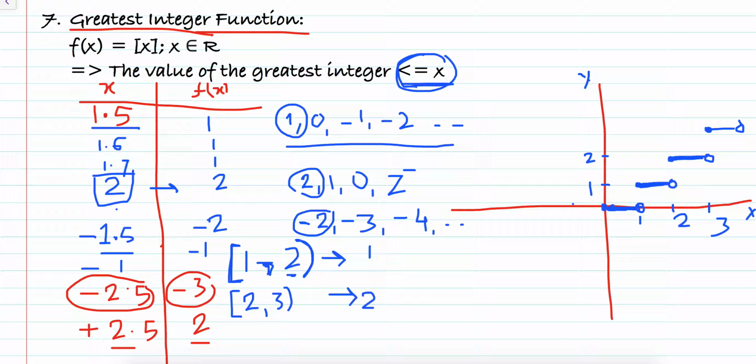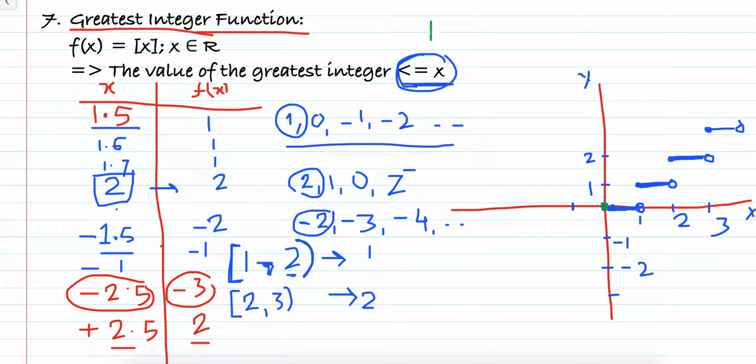Now on the negative side, minus 1, minus 2. If it's 0, then it's 0. If it's minus 0.1, then it cannot be 0 because 0 is more than minus 0.1, and this function's value should be less than whatever is x.